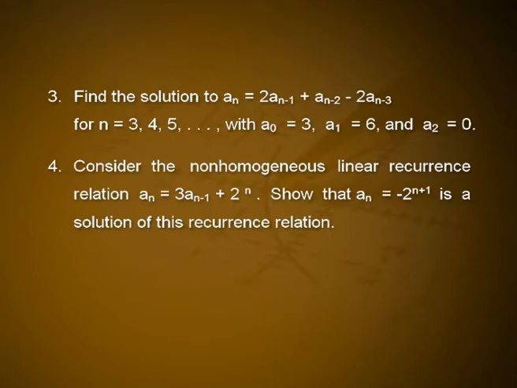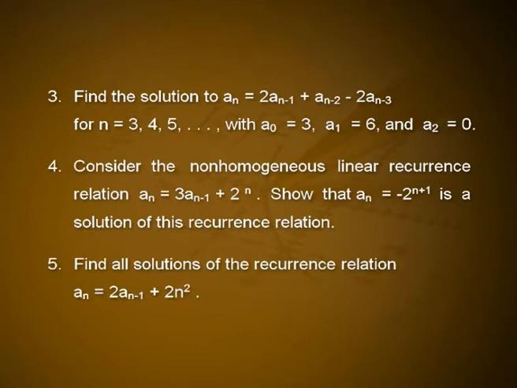Show that an is equal to minus 2 raised to n plus 1 is a solution of this recurrence relation. 5. Find all the solutions of the recurrence relation an is equal to 2 into an minus 1 plus 2 into n square.